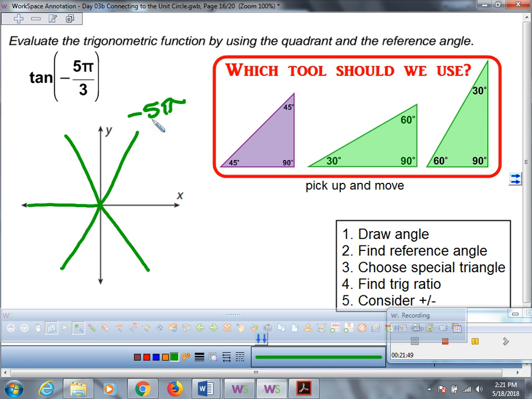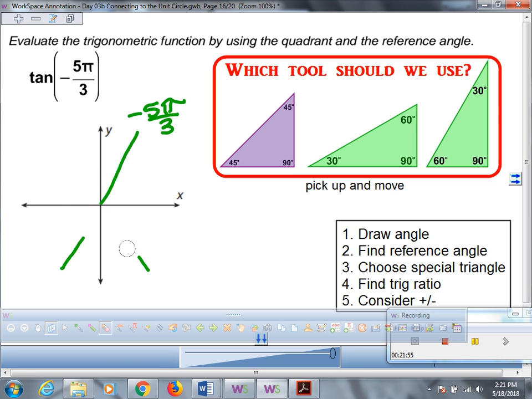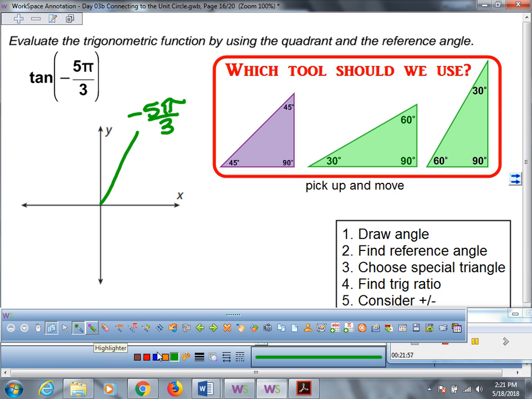That's negative 5 pi over 3. I'm going to erase the rest. Down my angle. What triangle is that going to be? That's a 60. It's the tall one. So that's 60 degrees.